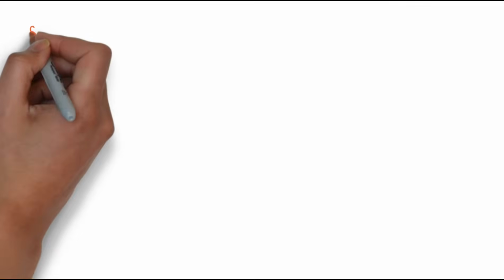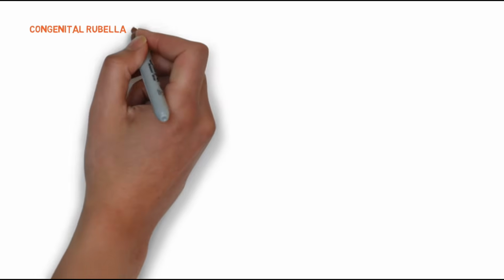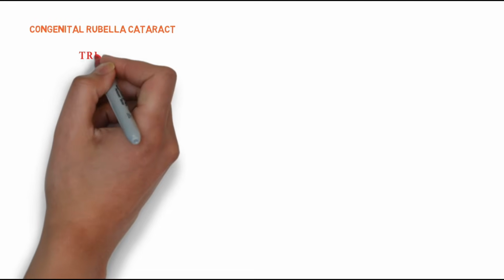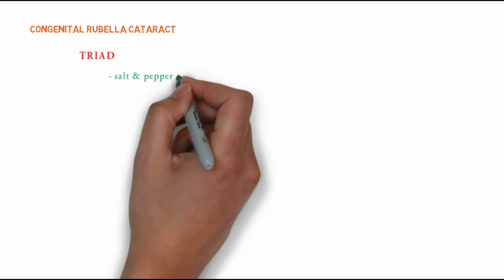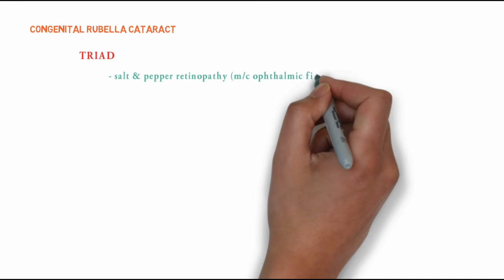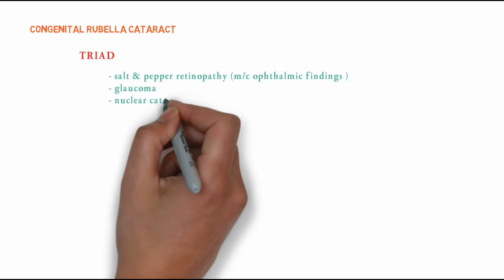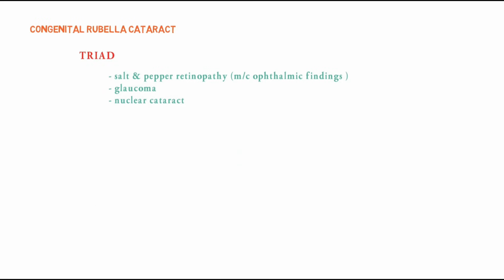Next, we must know about congenital rubella cataract, and it occurs generally in a triad. There is salt and pepper retinopathy, the most common ophthalmic finding in congenital rubella cataract, or there may be glaucoma, or there is a nuclear cataract. So this is the triad of congenital rubella cataract.